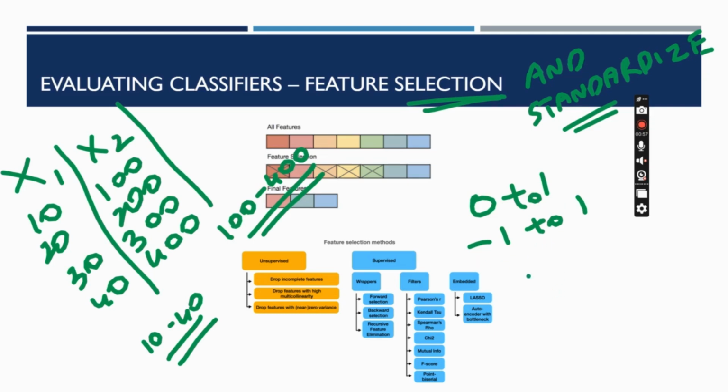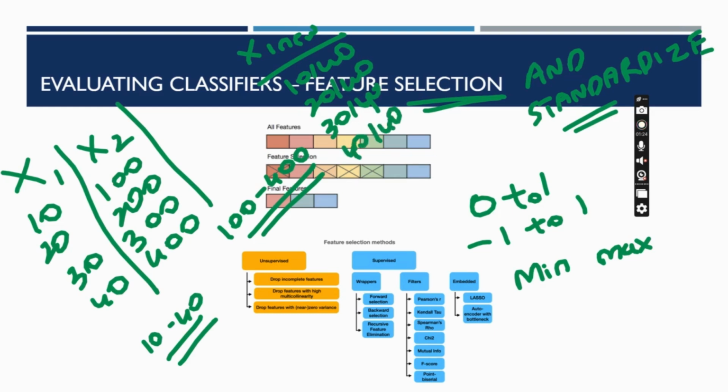To do that, there is the first technique, which we call min-max standardization. This technique divides the column by the maximum value in that column. So x1, I will call this x1 new: 10 divided by 40, 20 divided by 40, 30 divided by 40 and 40 divided by 40.